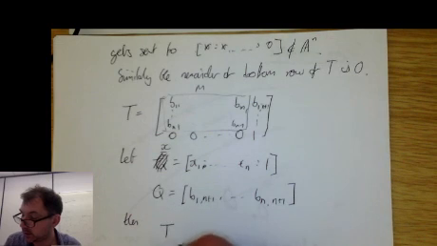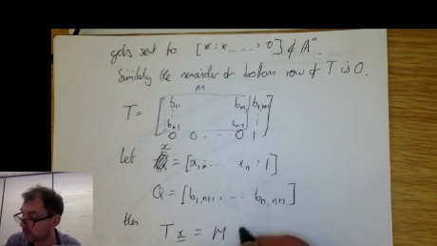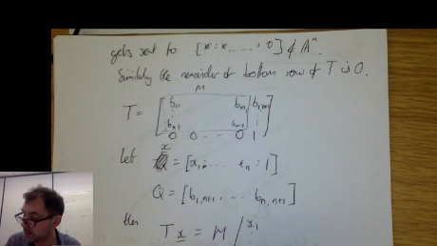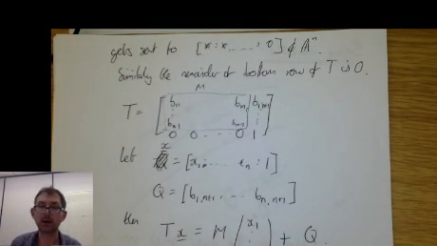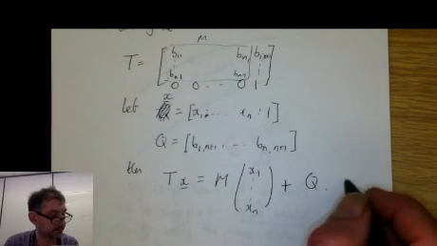Then t of x is equal to m on the vector x1 up to xn plus q. And you can see that that is indeed an affine transformation.